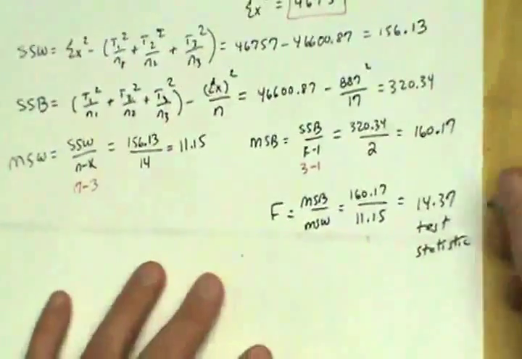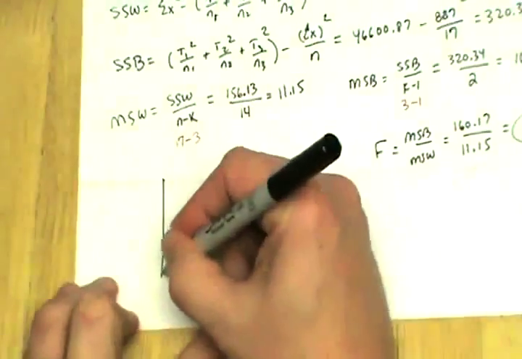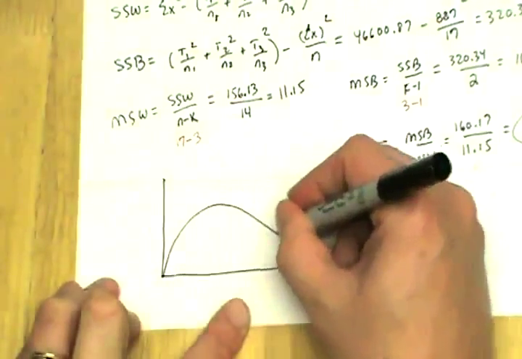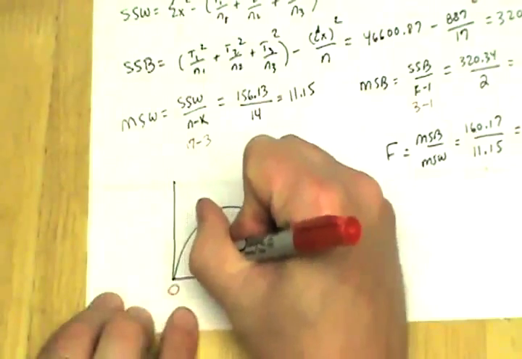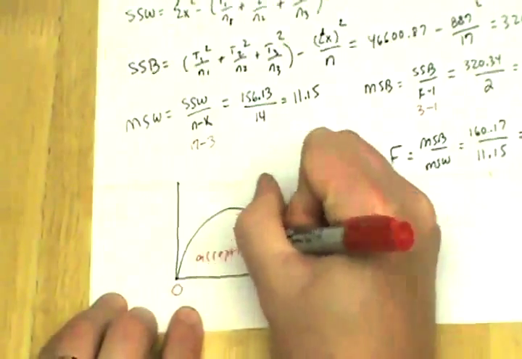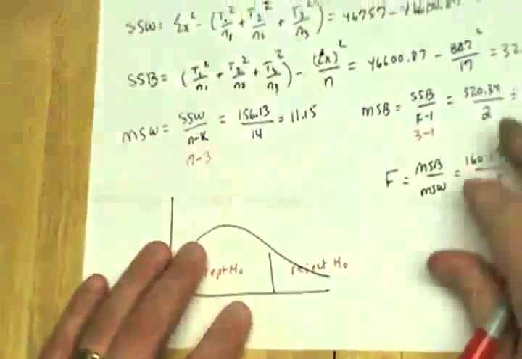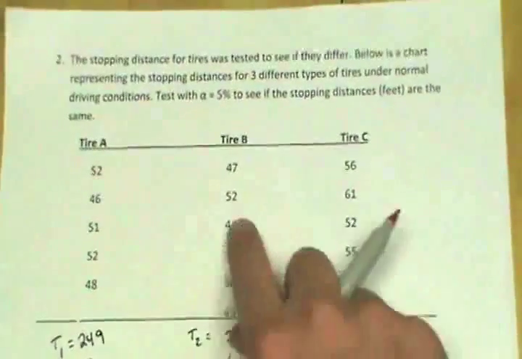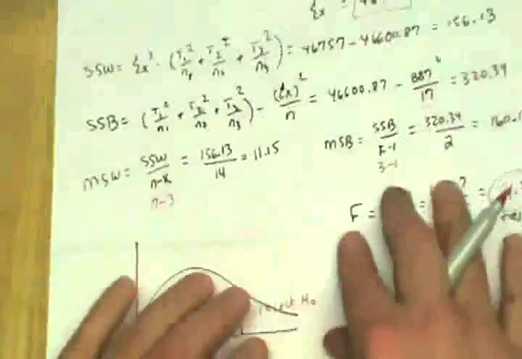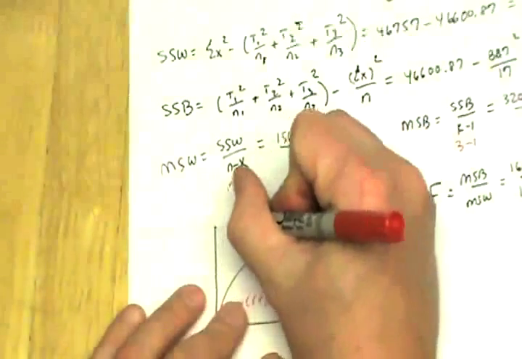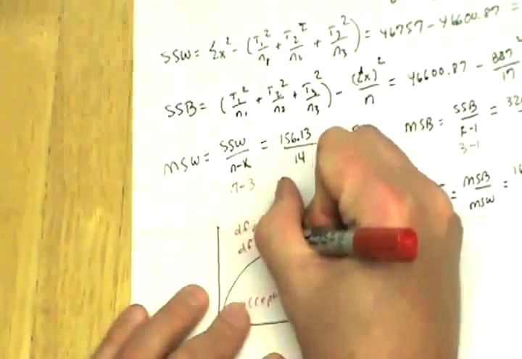And now we're going to take this 14.37, and we're going to place it in a table. Distribution, and 0, this is accept HO, this is reject HO. The question, if I scroll up, is asking for a 5% significance level. I need a degree of freedom of the numerator and a degree of freedom of the denominator.